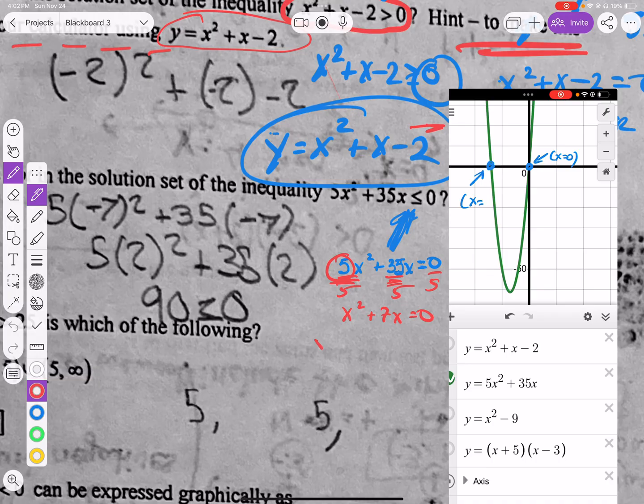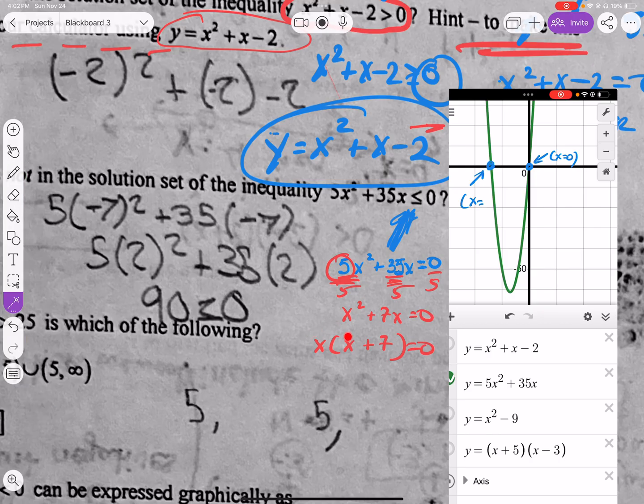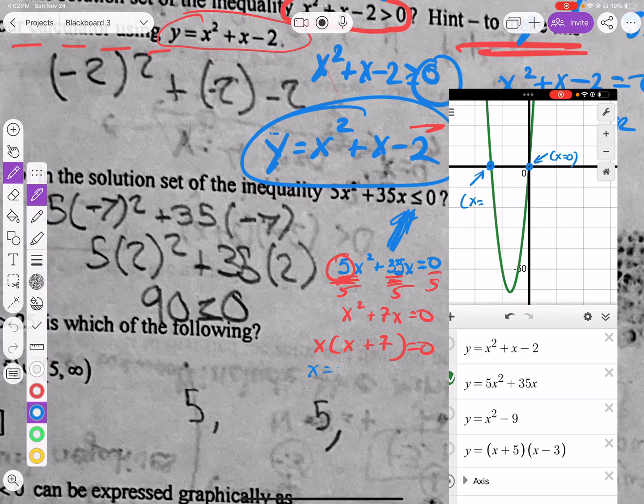And then I would look for a GCF and see I can take an x out of both these terms. This is still x times x is x squared, and x times 7 is 7x. And so right away I can find the actual 0. So I know myself, even without my calculator, this graph crosses the x-axis at 0 and -7 over here.